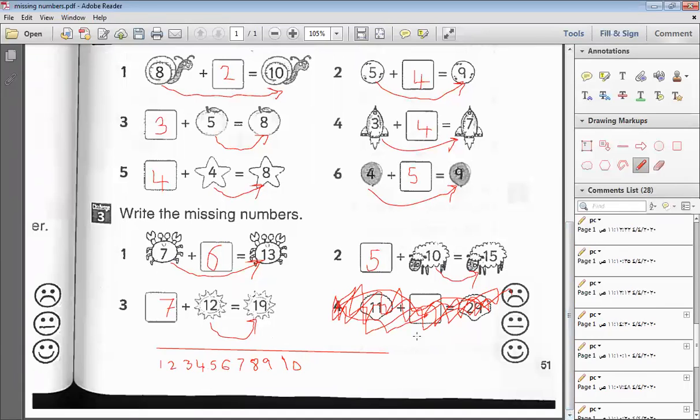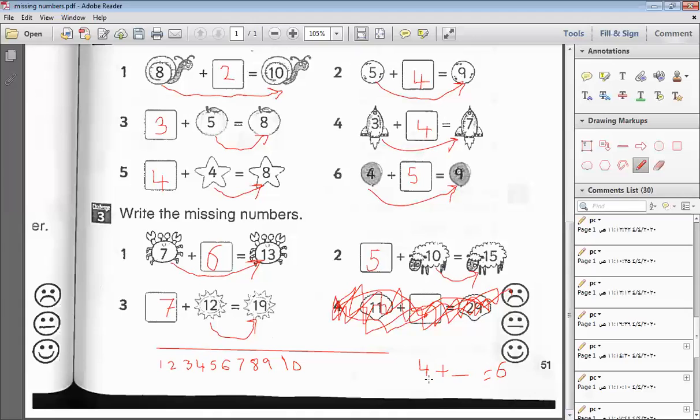If he is giving you, for example, 4 plus how many equals, I'm sorry, equals 6.